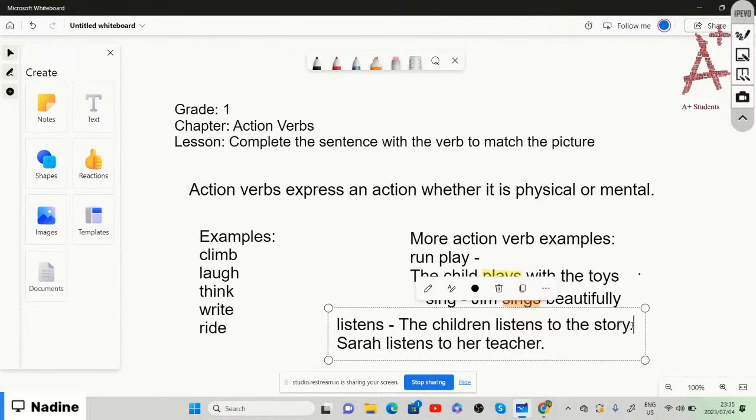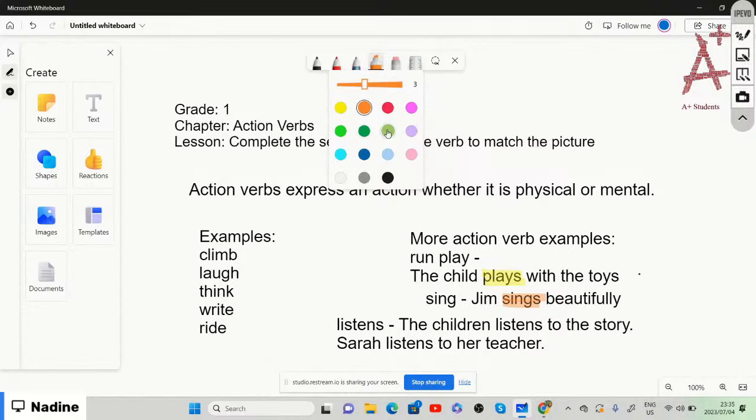So that is also how we are able to remember. Firstly, we identify. So in this case, it's listens, right? It's us identifying the action verb, but also being able to create a sentence with the action verbs, right?